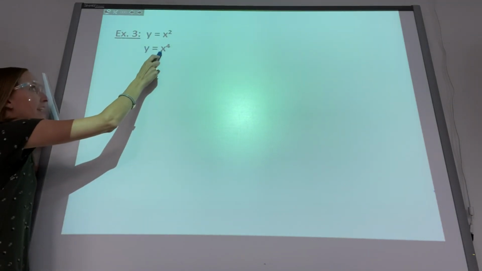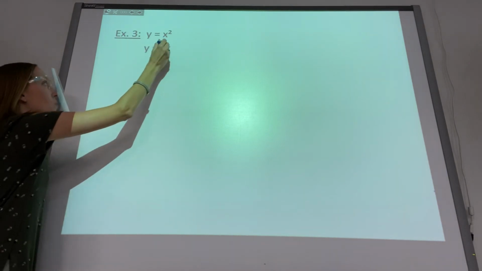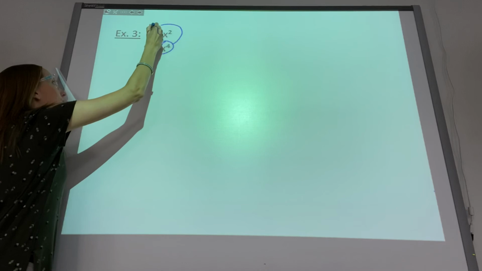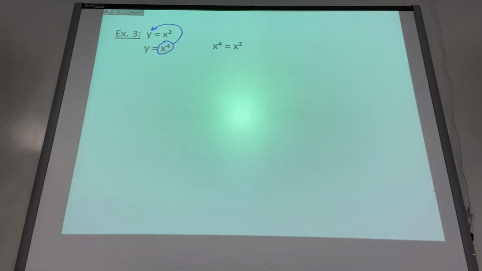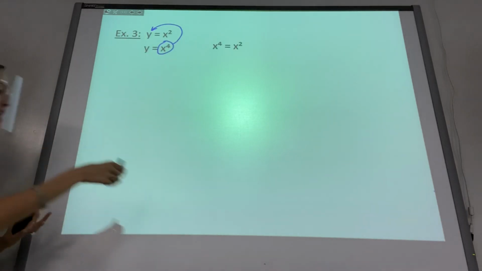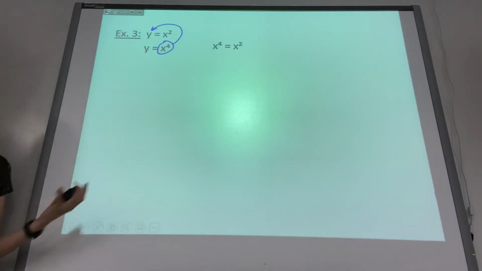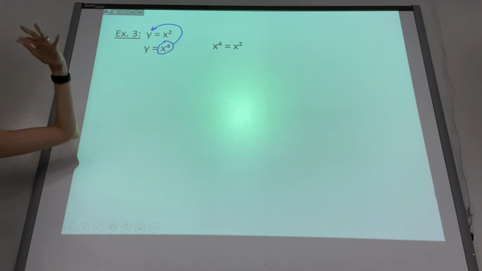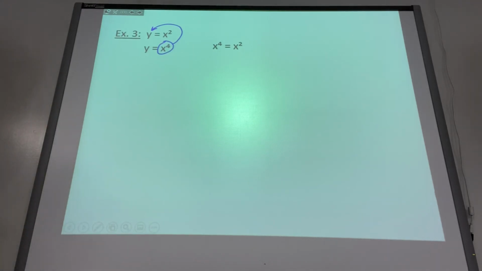I took y equals x to the fourth and plugged it back in for y at the top. But either way is fine. It's either gonna say x to the fourth equals x squared or x squared equals x to the fourth. And that has to be true if they're both equal to y.